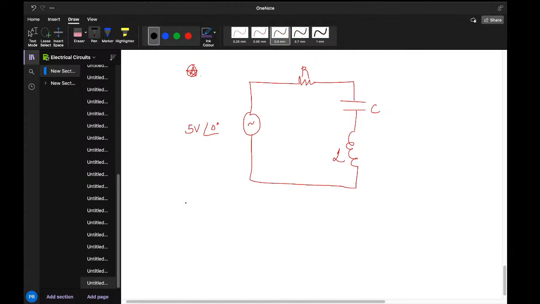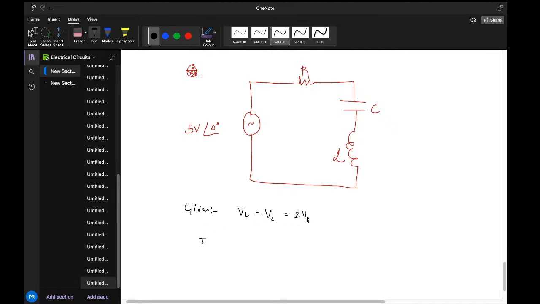So it's given V of L equals V of C equals 2 times V of R. Okay.